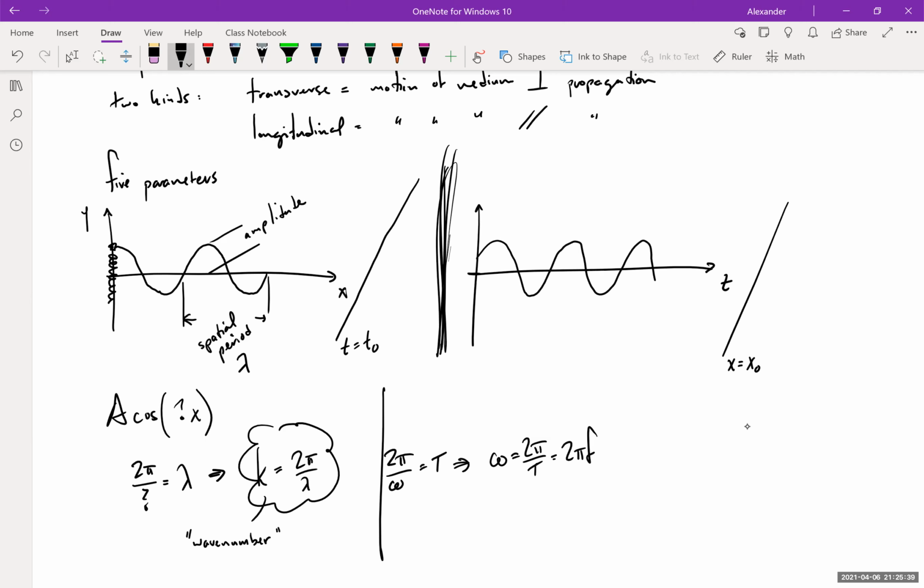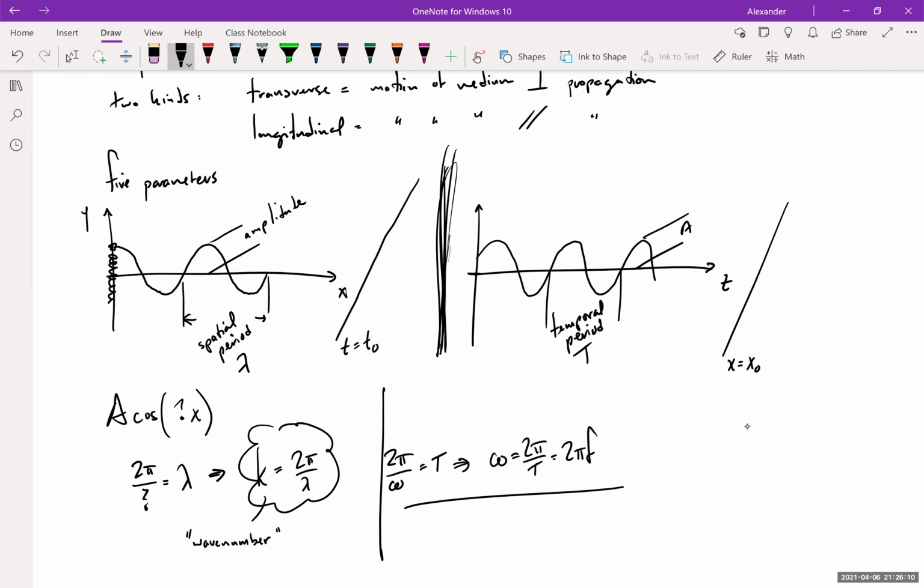From this picture, we could, again, measure the amplitude if we wanted to. But here we could measure the temporal period, how much time per cycle. And as soon as we write capital T, we can fill in all the blanks here.